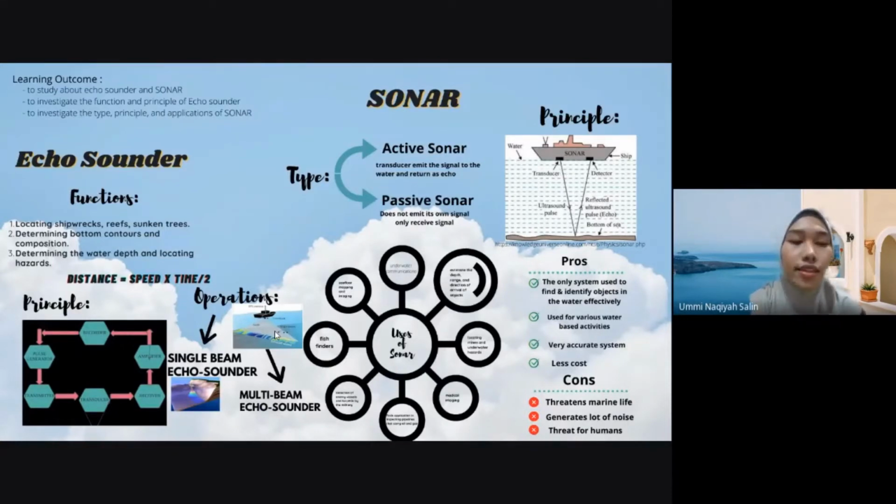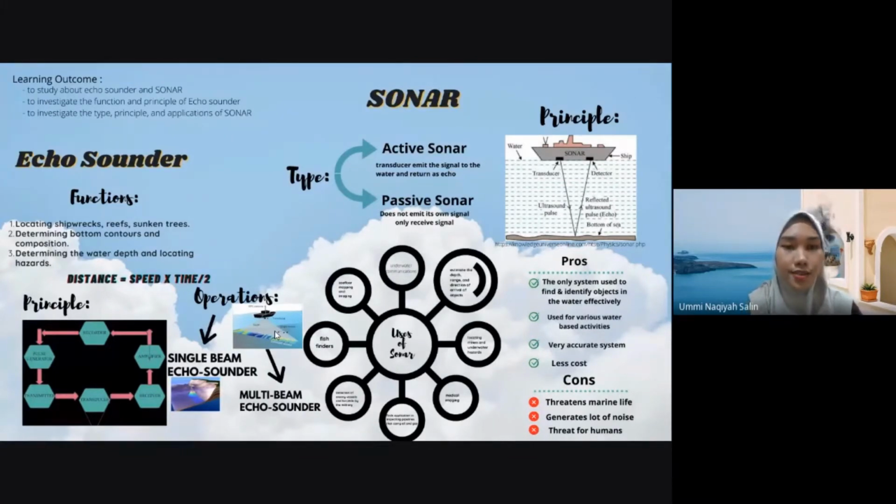Then the sound energy will travel to the bottom, hit the bottom, and be reflected back to the transducer. The transducer then converts the sound energy back to an electric pulse to be sent to the receiver. The received pulse is then processed and amplified. Lastly, at the recorder, the amplified pulse will create a physical mark on paper, a visual blip, or a digital signal.